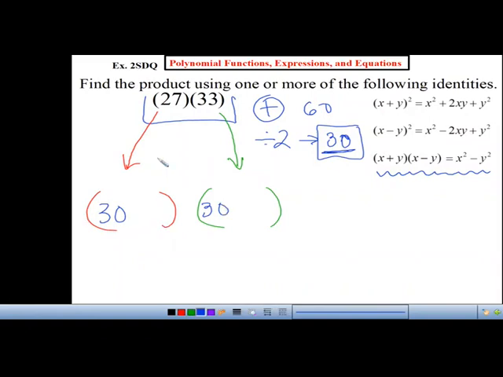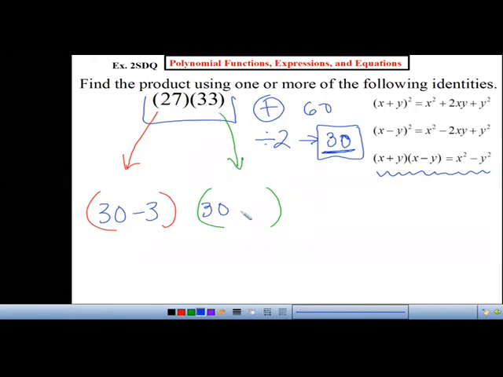If it was 27 and I'm using 30, what do I write? 30 minus 3. Thank you. How about this one, everyone? 30 what to give us 33? That's right, plus 3. So does that look like this?